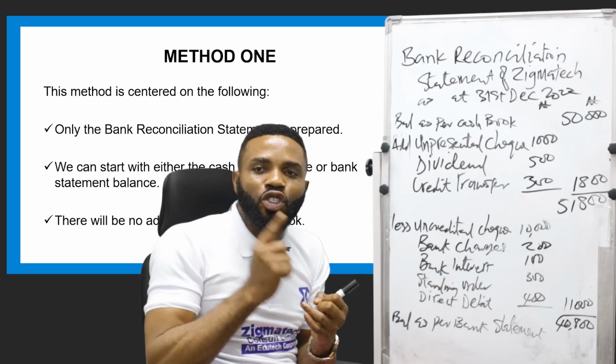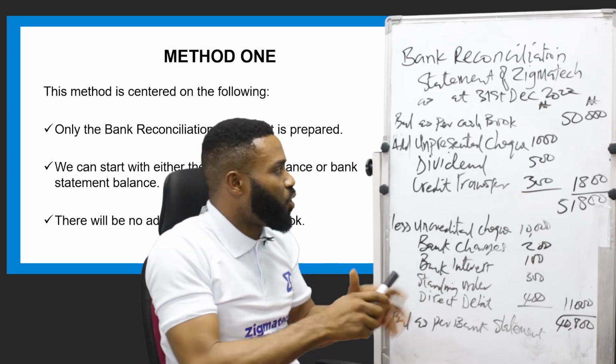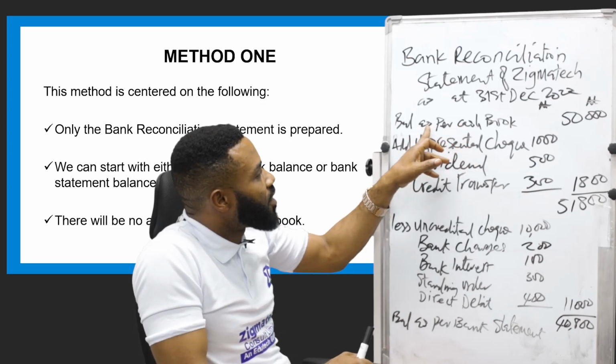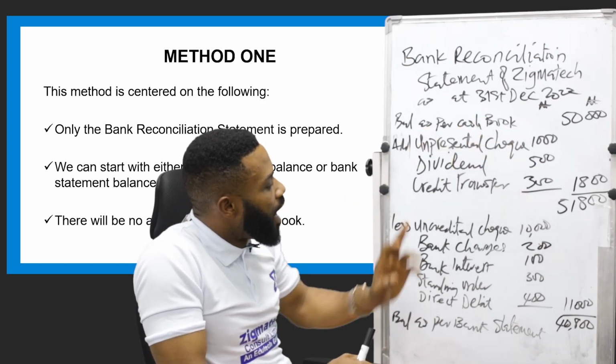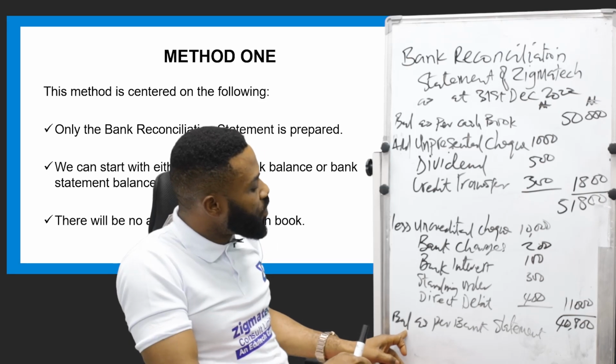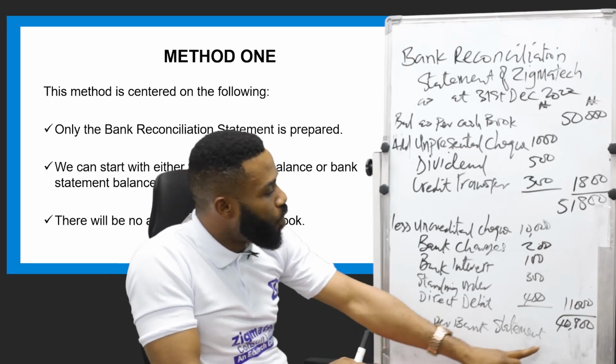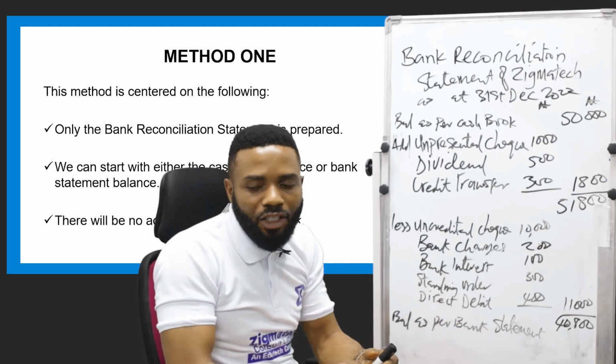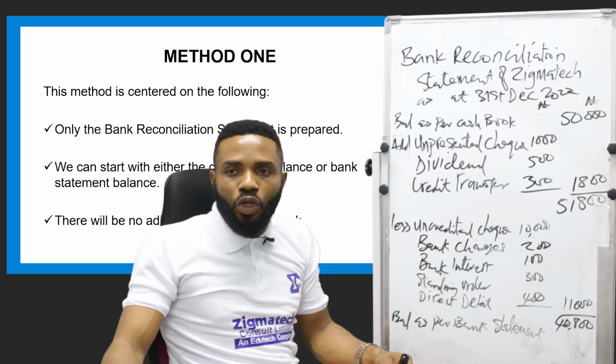There is no adjustment of the cash book. As you can see now, I started with the balance as per cash book, and then I ended with the balance as per bank statement. Whatever you have here must correspond with the bank statement that was given to you.